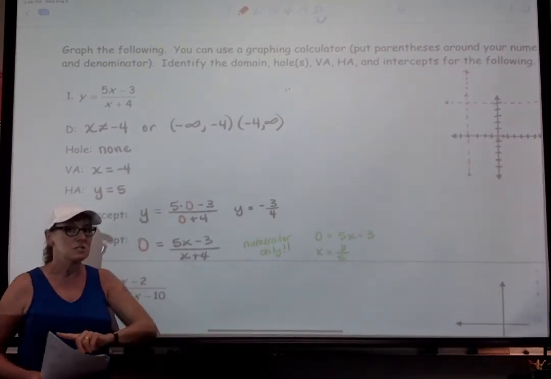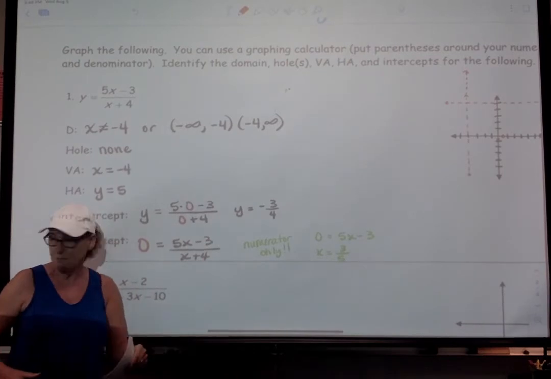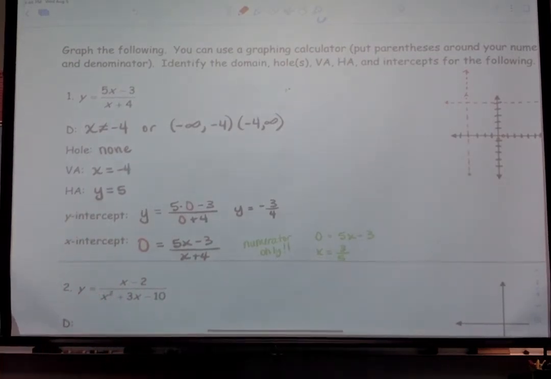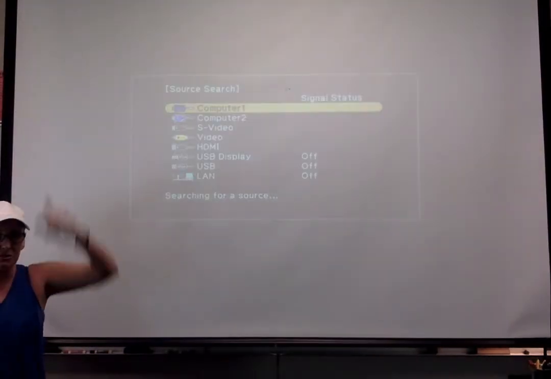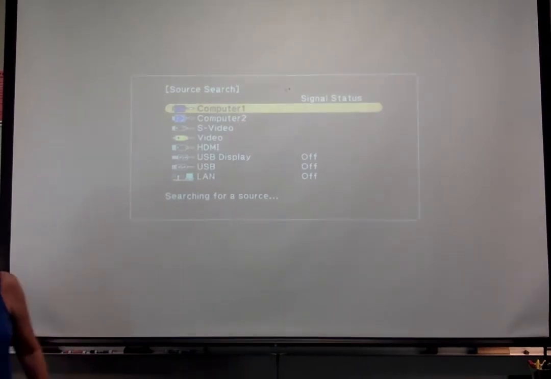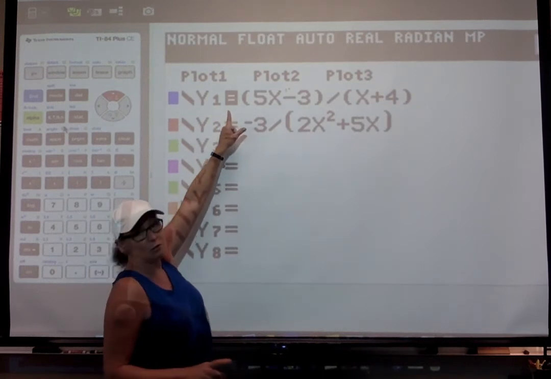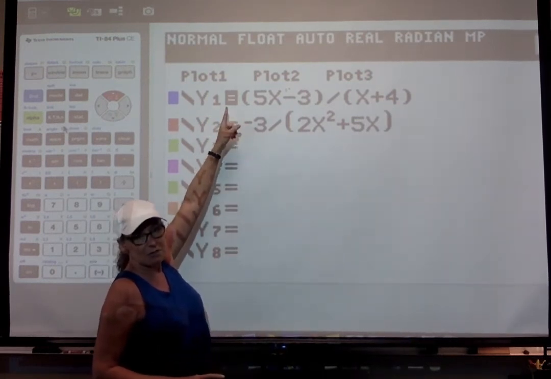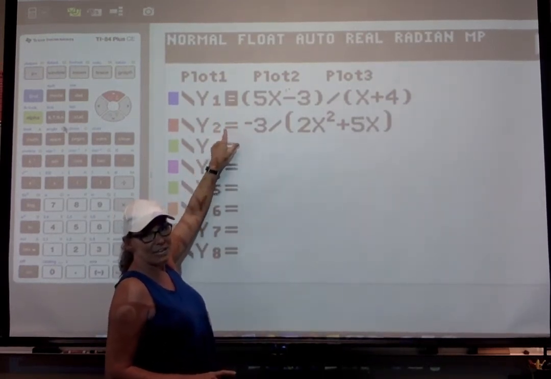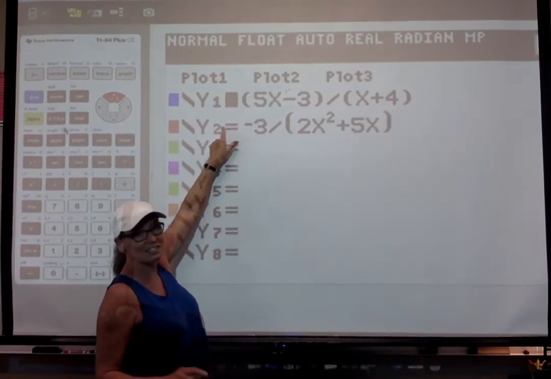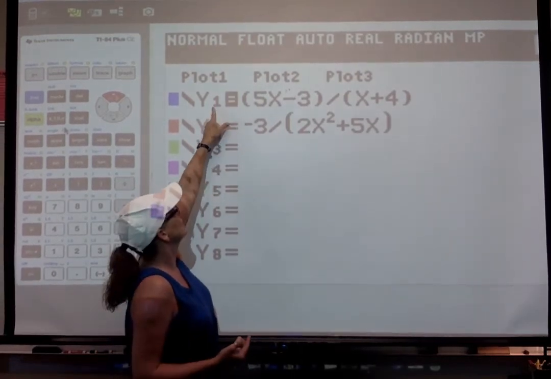So now, this is when I'm going to go to my graphing calculator. Let me switch to my graphing calculator on my screen. Okay. I've typed in a couple of functions, but I turned this equal sign off, so we're only going to see my y1.